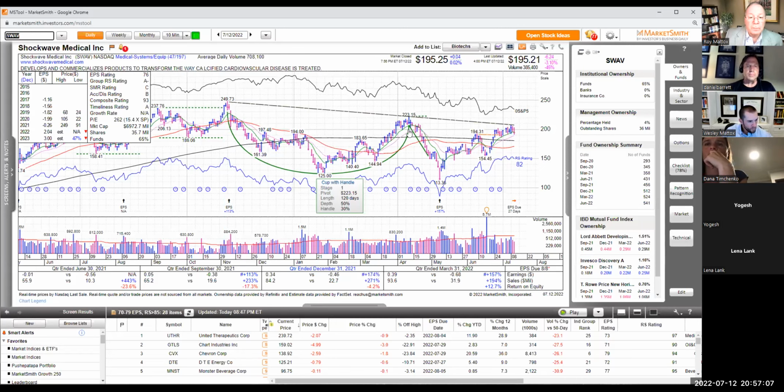Ideally you want to be buying in the top 40 industry groups. This is 47 right now in the medical systems group, but it's moving up. So this is how new leadership arises, and it's definitely moving in the right direction.